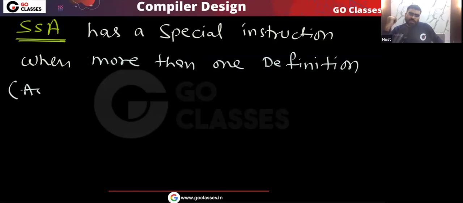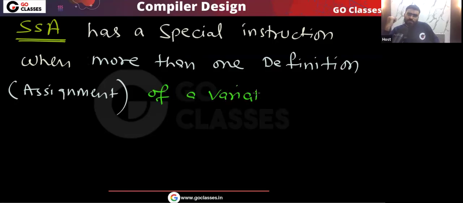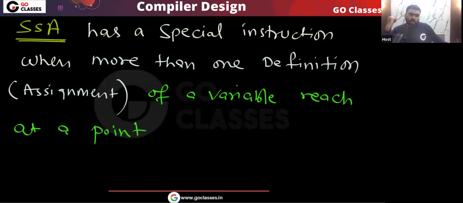So remember, SSA has a special instruction when more than one definition of a variable reaches a point.